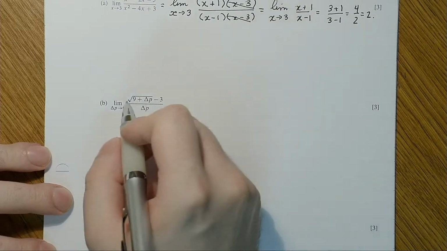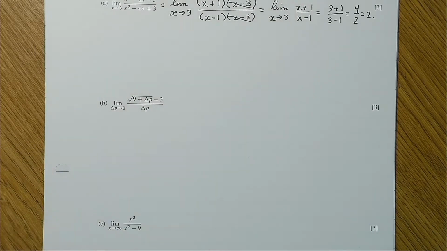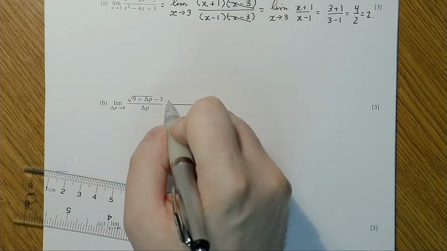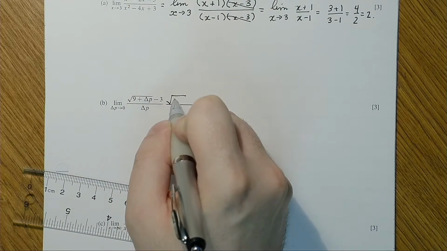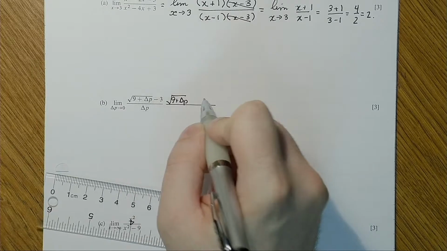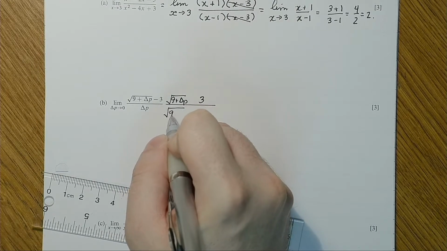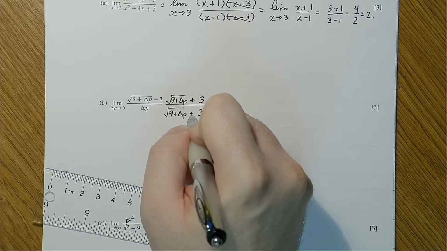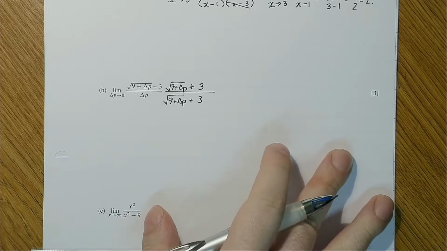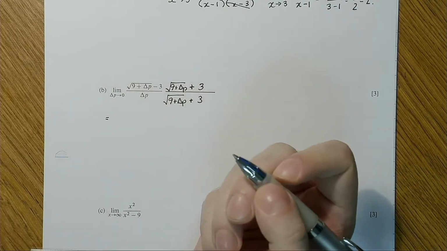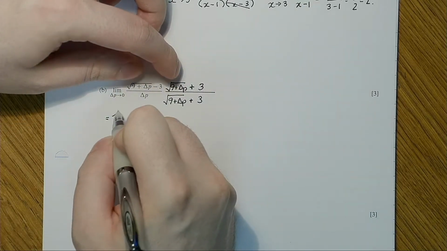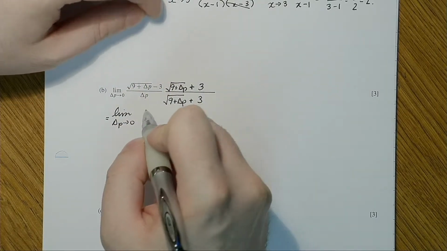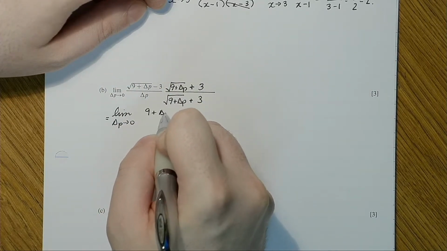This next one has a radical, and to handle that, I need to use the radical conjugate. So it's the top and the bottom, but instead of the minus, it's going to be a plus. If I expand this now, I have the square root times the square root, so I just get the inside, 9 plus delta p.